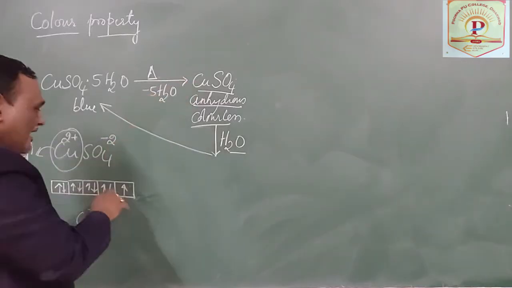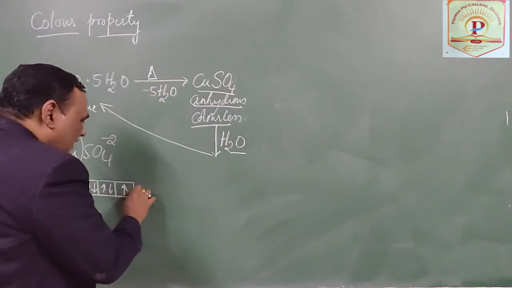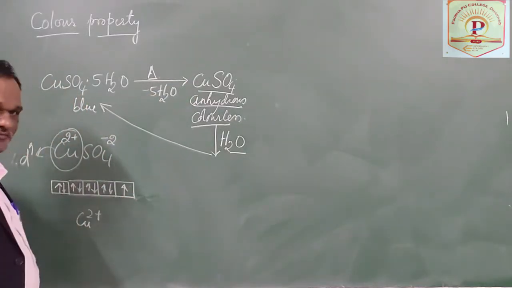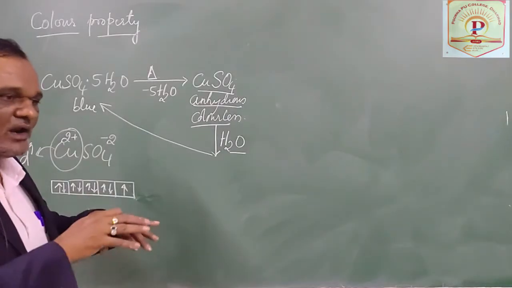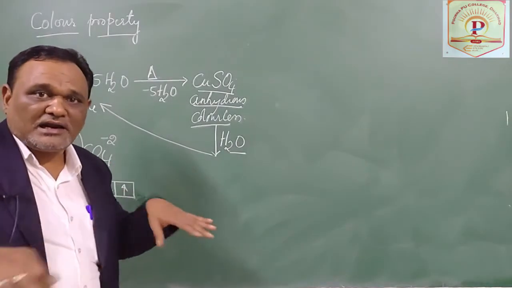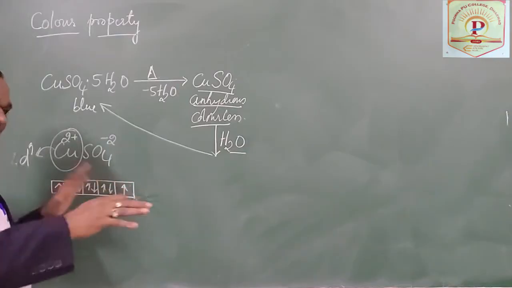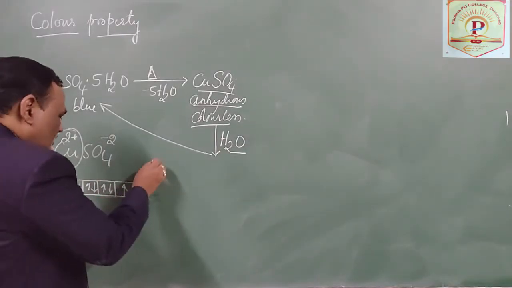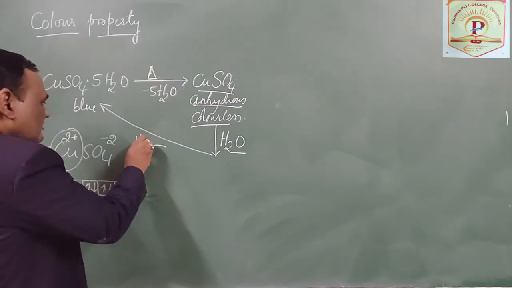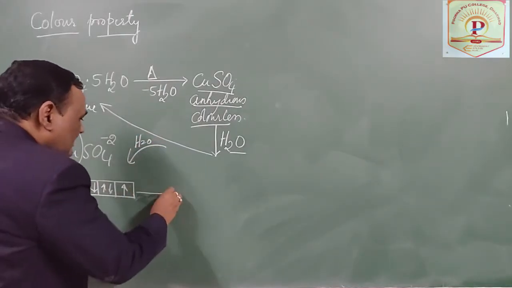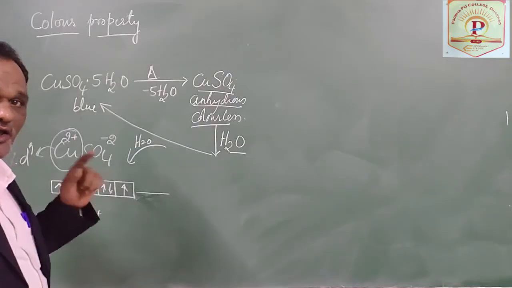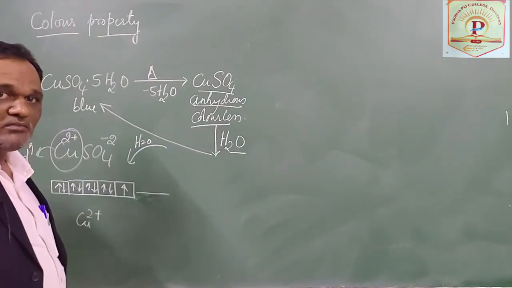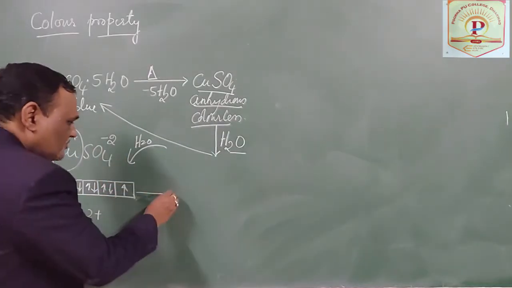So when you add the water, these 5 d orbitals which are degenerate, degenerate means equal in energy, lose their degeneracy. When you add the water to the anhydrous copper sulfate, these 5 d orbitals form 2 sets of orbitals.